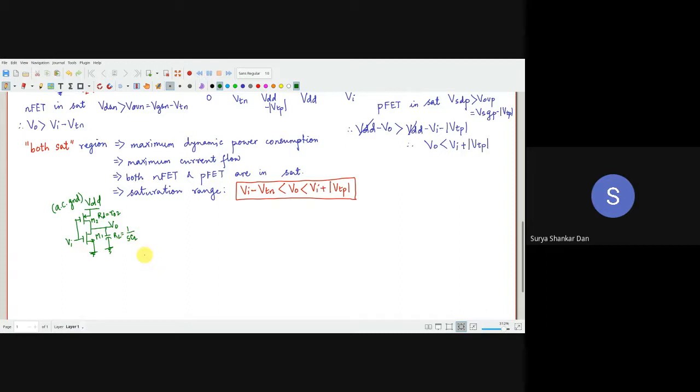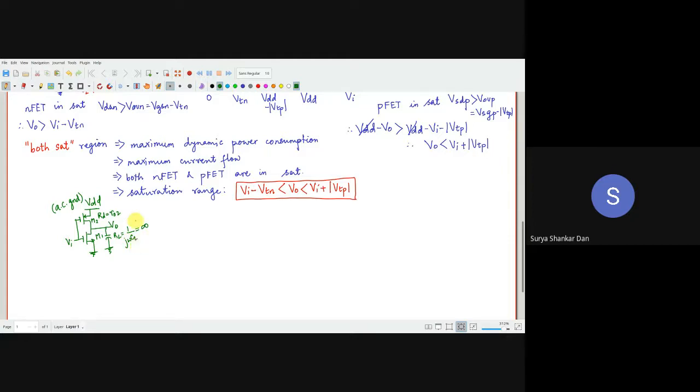Now, one of you said that if this RL is not there, then it is open circuit, meaning it is equal to infinity, irrespective of the frequency, that is, of this omega in j omega.